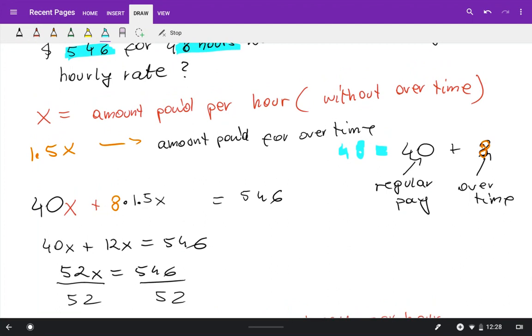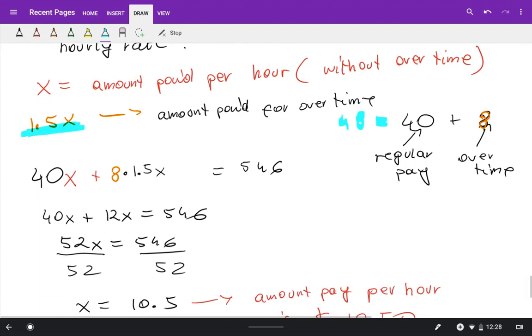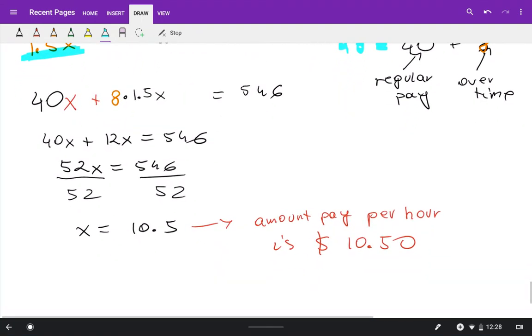They don't ask for that. The amount paid for overtime is 1.5 times her regular hourly rate. So 1.5x is 1.5 times $10.50, which is $15.75.